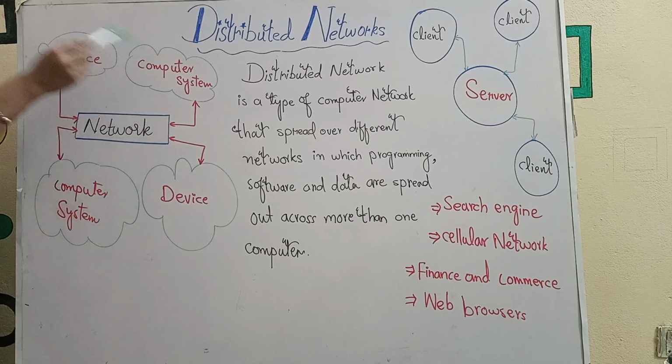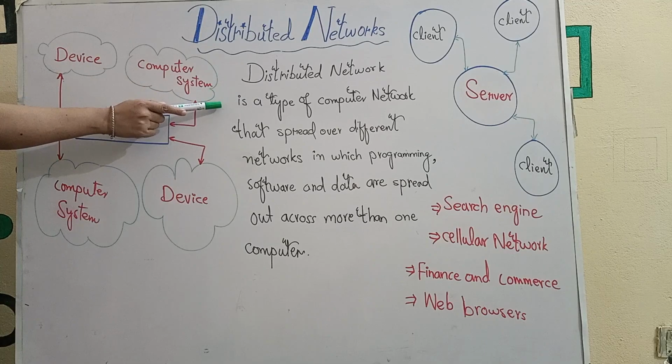In this simpler form, you can understand the complete meaning of a distributed network: a network created by different devices that are linked together. Friends, you have to understand that the source of the information generation is a single source where it is generated, but it can be transferred to many other devices or computer systems. So let's move toward the definition of the distributed network.